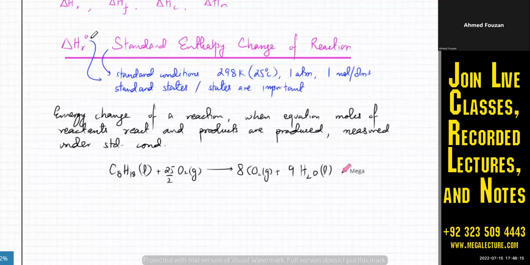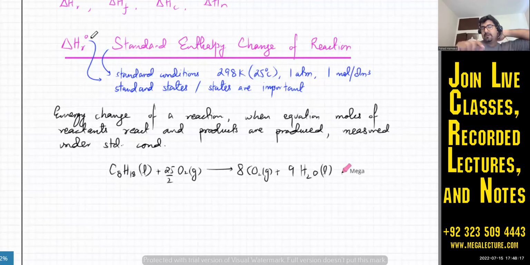Yes, sir. So you have to be careful about this. In the exams, there'll be questions. They'll ask you, okay, 0.8 grams of octane was burning, right? And at the end of the question, they'll ask you about the enthalpy change of reaction. So make sure you keep this in mind: when they ask for the enthalpy change of reaction, they're not asking for the enthalpy change of the quantity you're burning in the reaction.